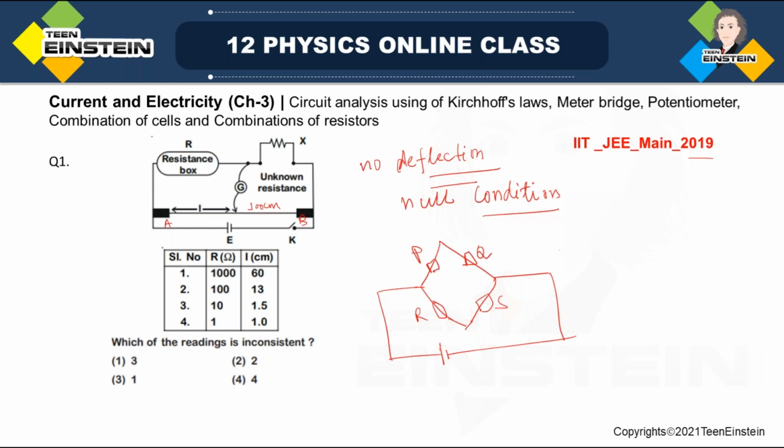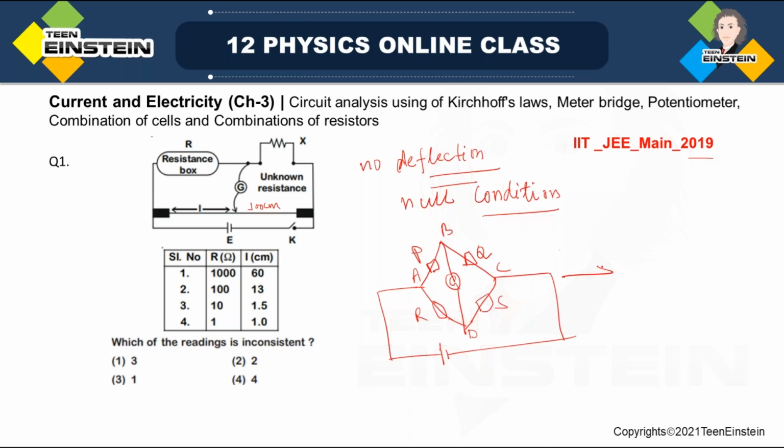The corners are A, B, C, D, and between B and D there will be a galvanometer connected.